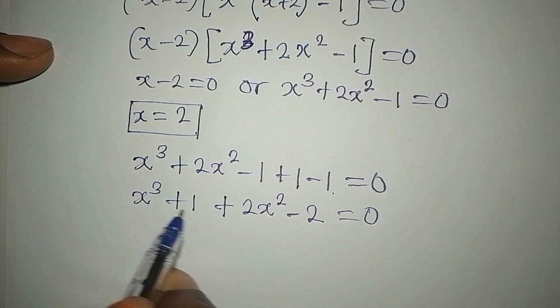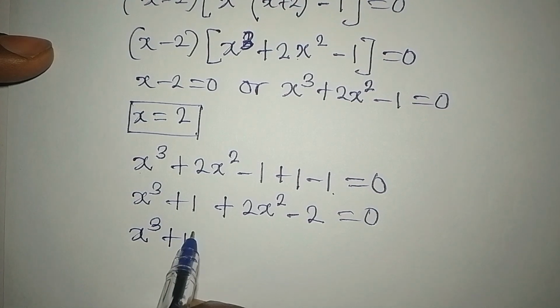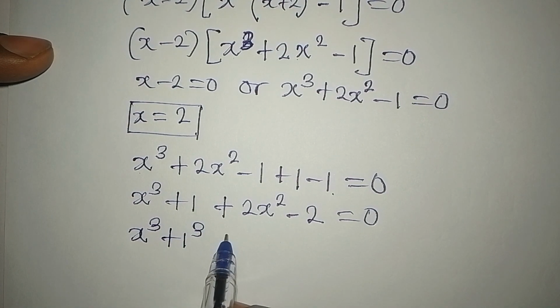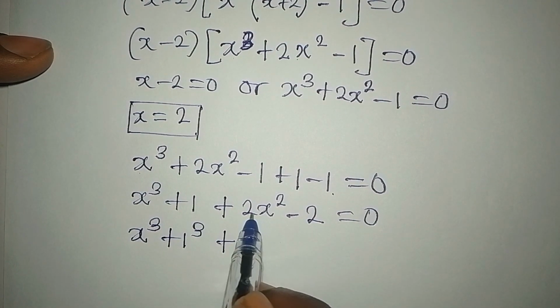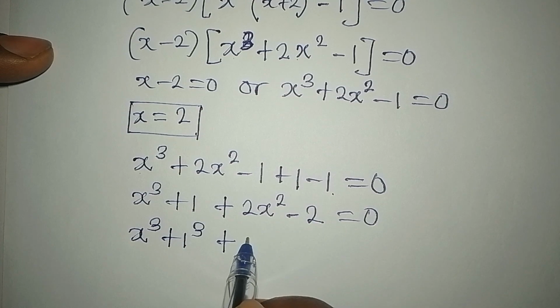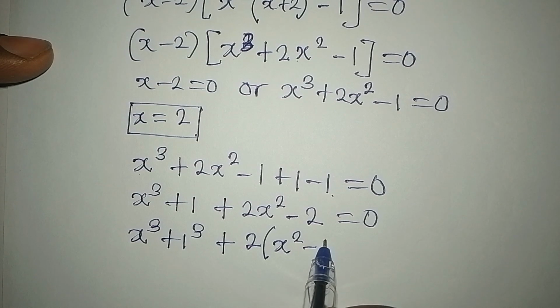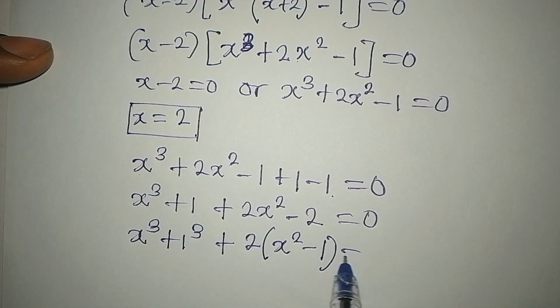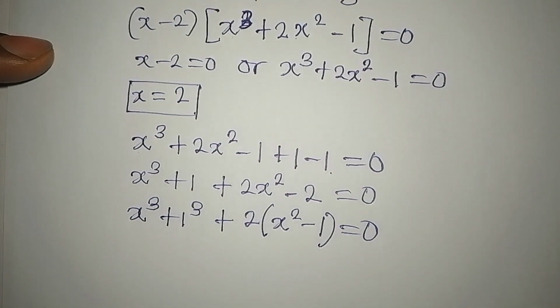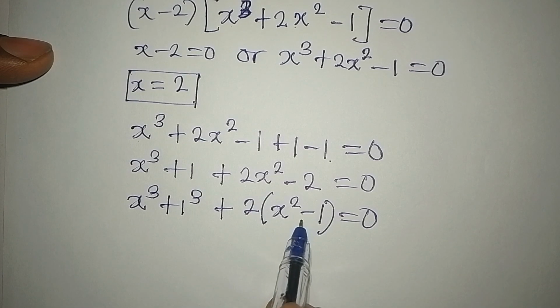Now from here I want to deal with these two, so I get x to the power of 3 plus 1 to the power of 3. Then plus, from here something is common to these two, and that is 2. So here I have x squared minus 1. Then everything is equal to 0. But do you know that from here I can express this in the form of difference of two squares?